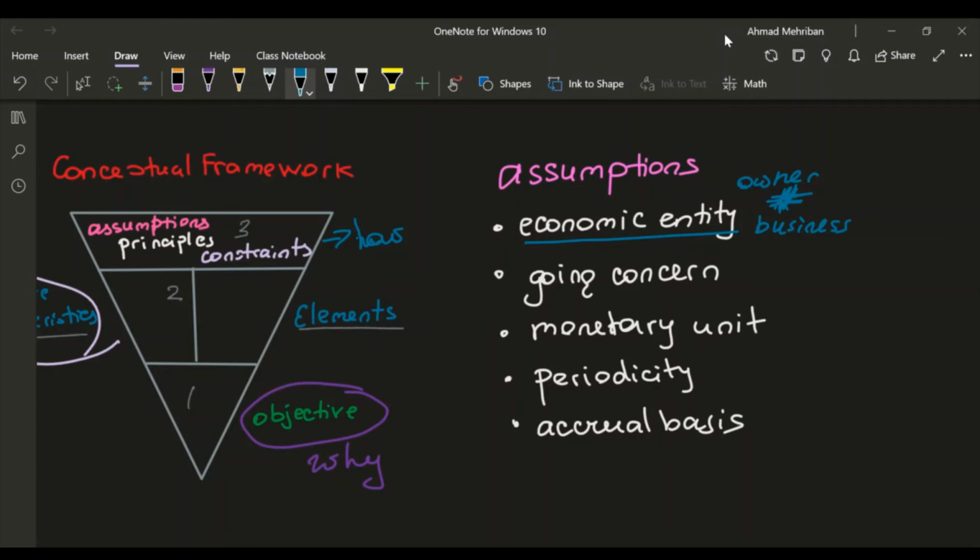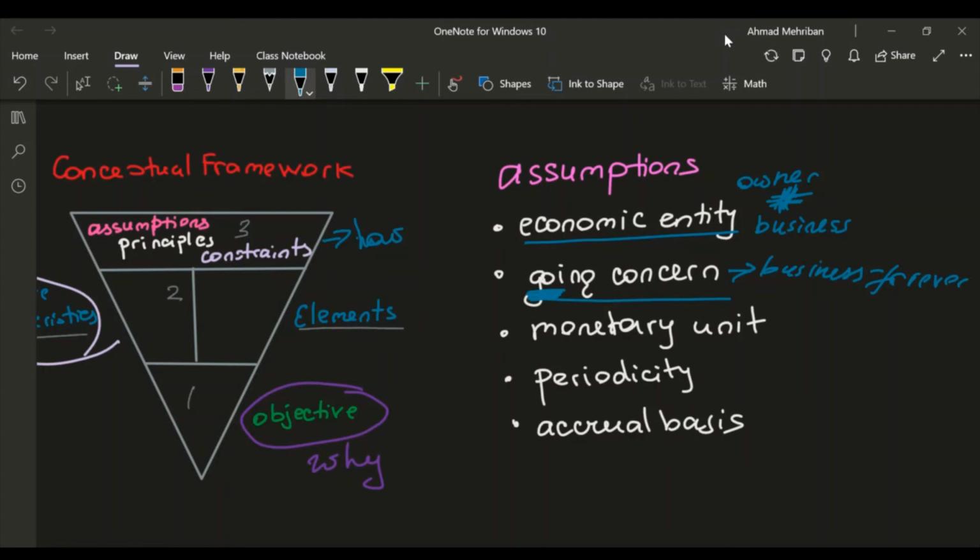The next one is the going concern assumption. Going concern sounds very interesting for a non-native speaker, so let's just be clear: think of the word going, going forward. This assumption forces an accountant to think that the business will exist forever.